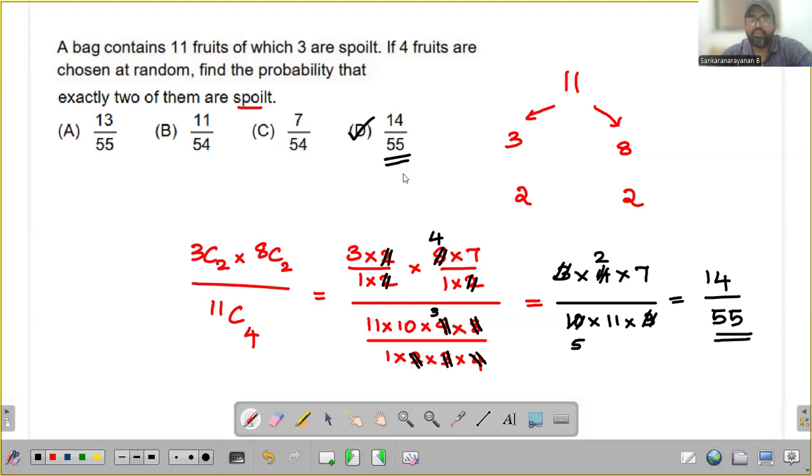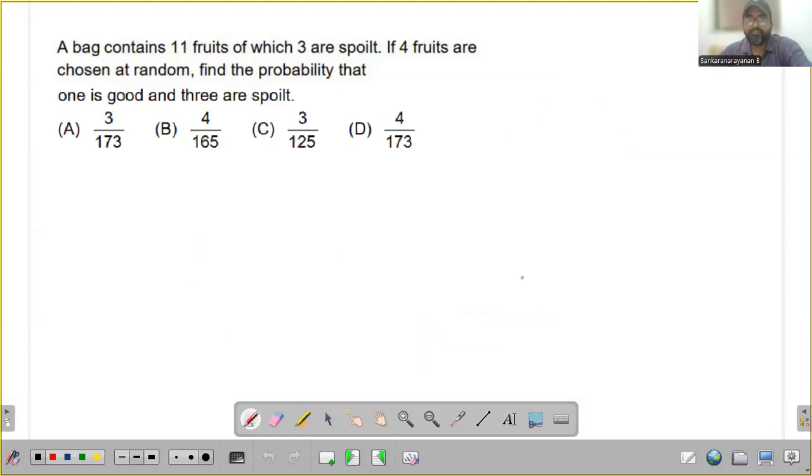Fine. Now, let us consider the next question. When 4 fruits are chosen at random, find the probability that 1 is good and 3 are spoiled. So out of 11, 3 are spoiled, 8 of them are good ones.